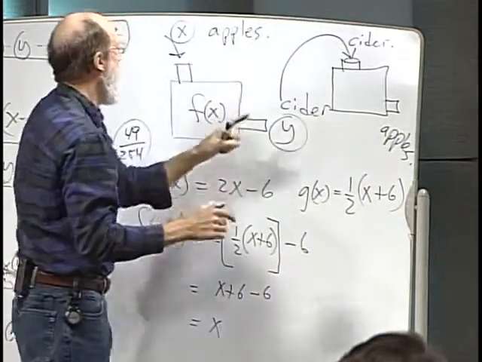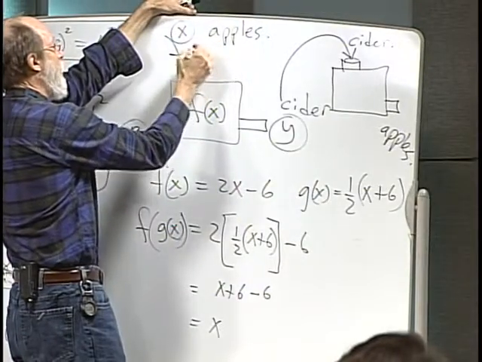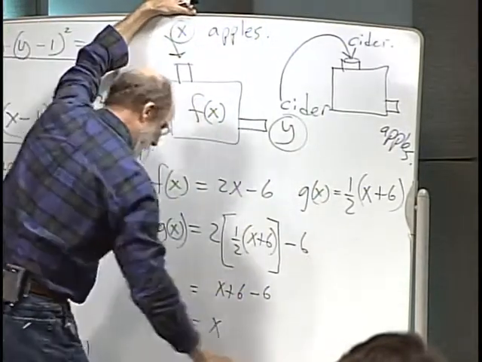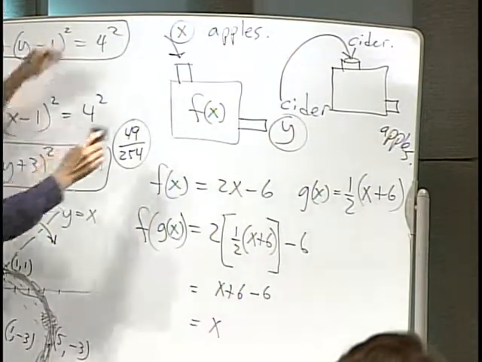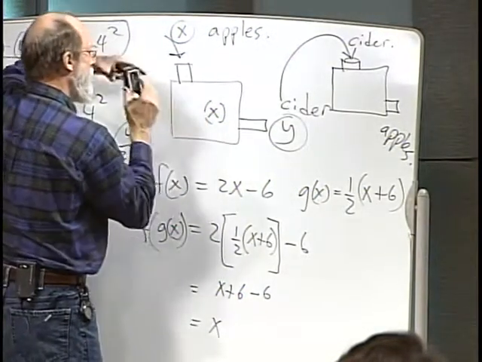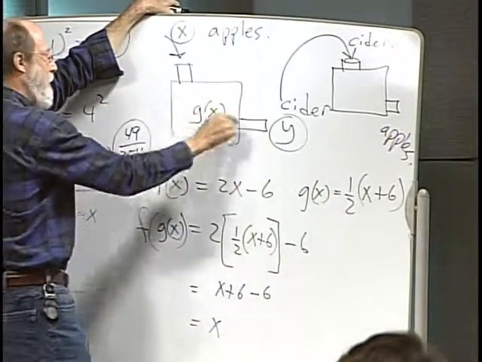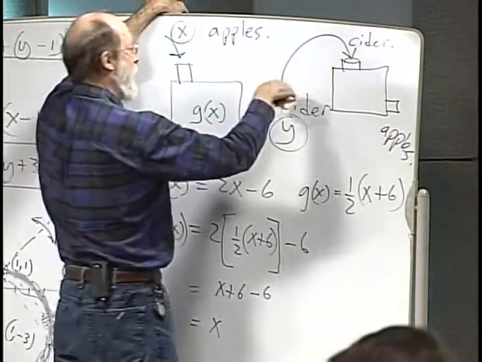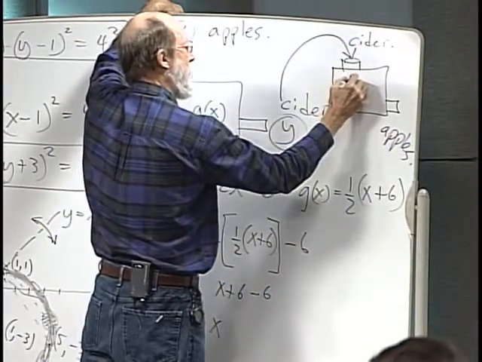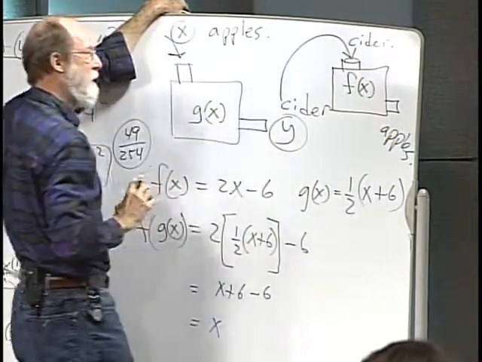Okay, so what happens if you would take, and let's call this machine here, instead of f, let me call it g of x. G of x creates the cider. And then I take that cider and I pour it into a machine called f of x.